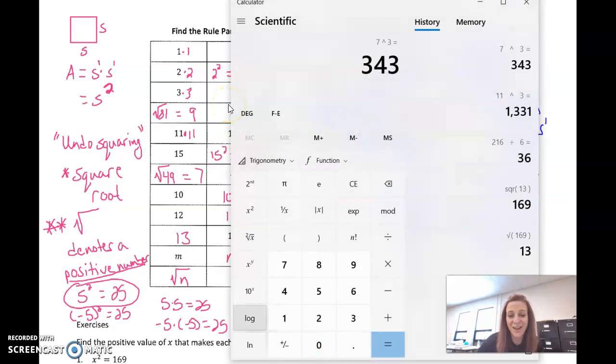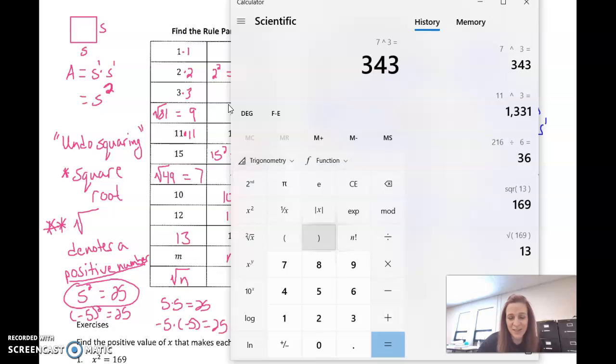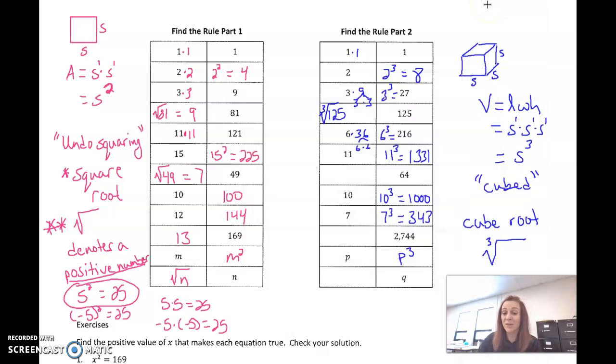This calculator doesn't have it. There are ways to figure it out on this calculator. I'm not going to show you in this video. So there is a cube root button you can use on your calculator. So if you need, I can figure it out for you, or I can show it to you where it is.